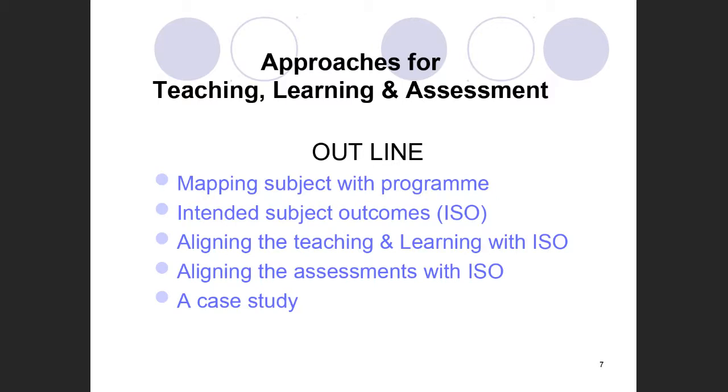Our subject arrangement is mapped to the program's purpose and objectives. For each subject, we have its own intended subject outcomes. We have to arrange our teaching and learning methods aligned with the intended subject outcomes, and also arrange the assessments to reflect the intended subject outcomes.